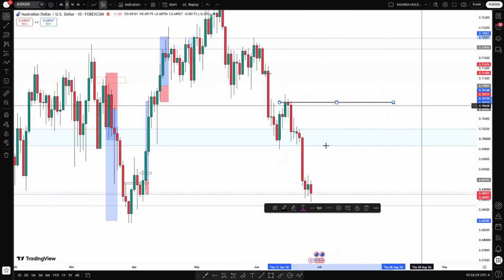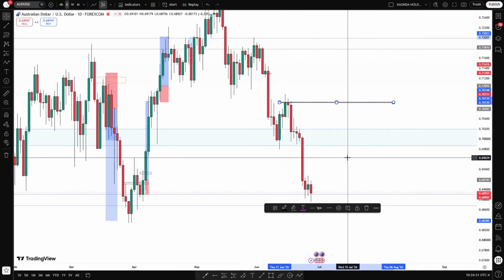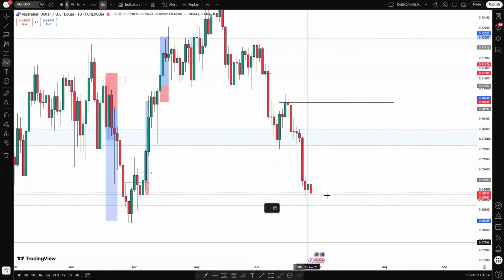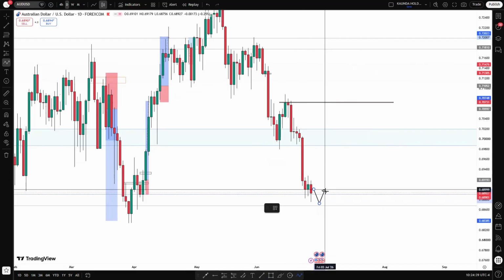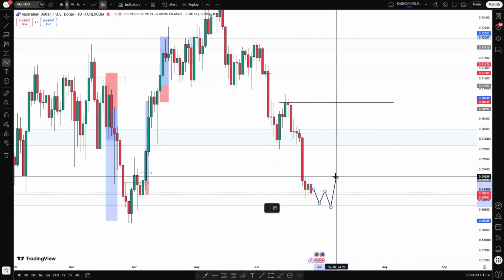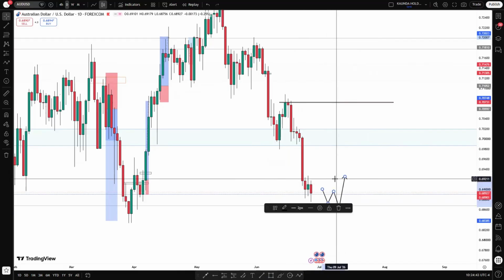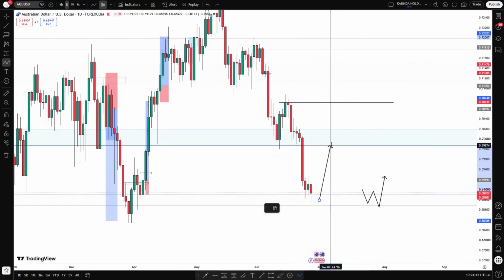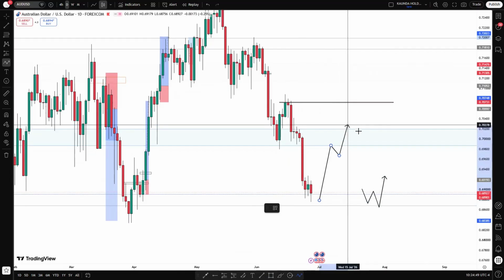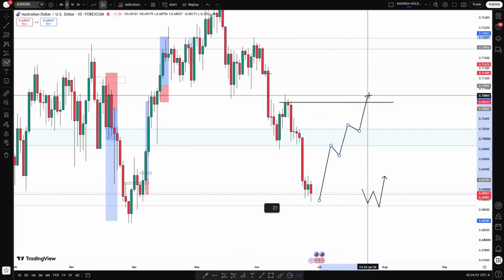Because the only way we can have a shift is two ways. Either price sells more and makes a new lower high and a lower low, then shift. This is the first way. Or price can start buying from this level and then break above this zone, then the daily will be bullish.